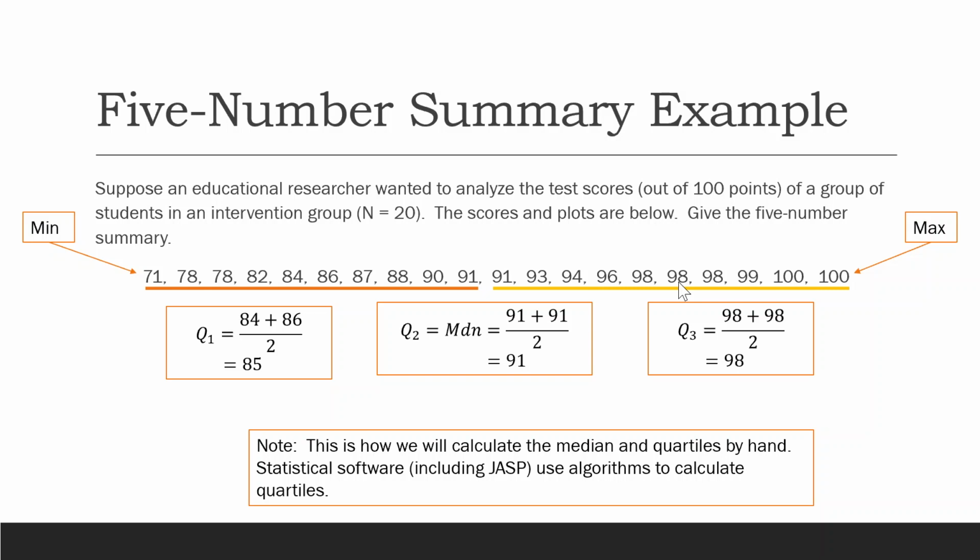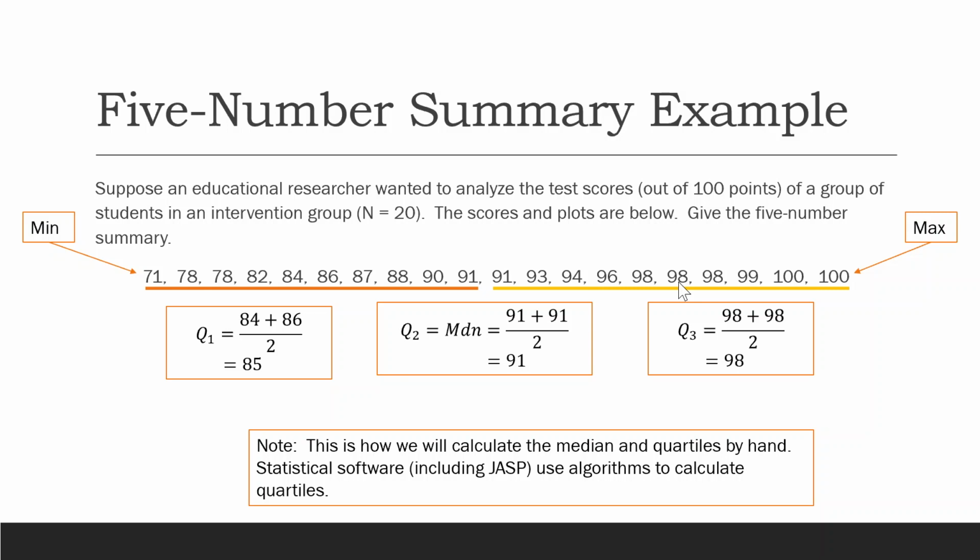If I want you to use JASP, I will be very specific to say, give me the median from our statistical software JASP. Even if I go to R, or if you're used to Excel, or maybe even SAS, they may be using different algorithms to calculate your median and your quartiles. And those algorithms kind of look at the positioning of the numbers and some kind of intricate formulas to come up with these values.